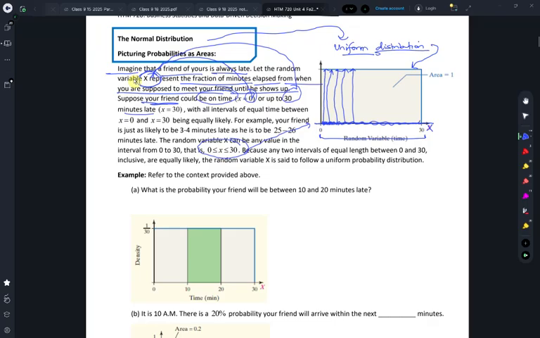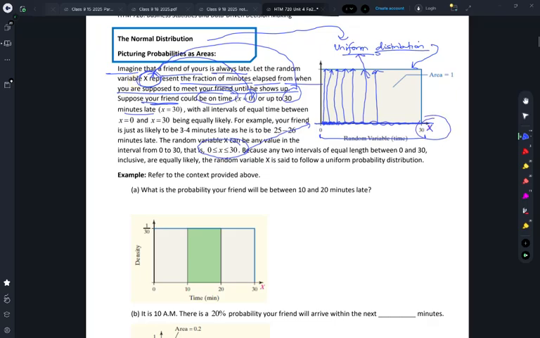Now, the horizontal line I am drawing is intended to represent in visual terms how likely each of these possible values is to occur as the number of minutes late. If they are all equally likely, that means they have uniform likelihood of occurrence.